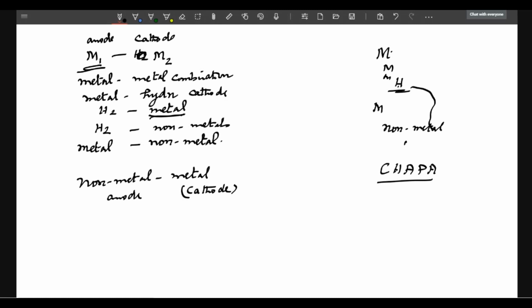So far no question has been asked, but it is possible to ask. They will give you silver bar silver plus and hydrogen bar H plus. This is a metal hydrogen electrode combination, where hydrogen would be acting as the anode and silver would be acting as the cathode.